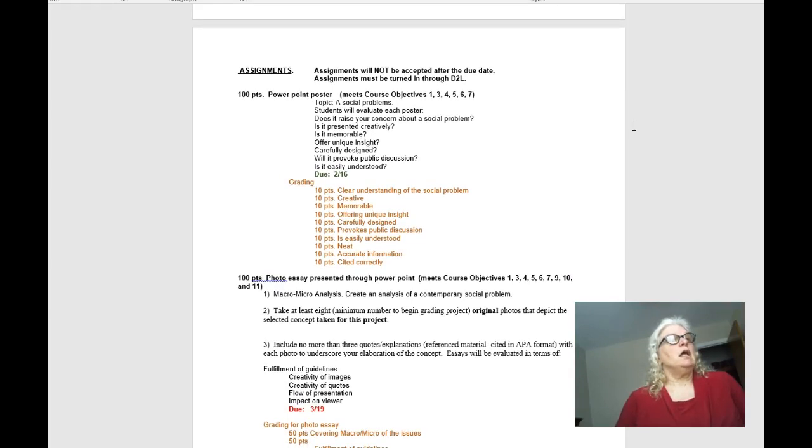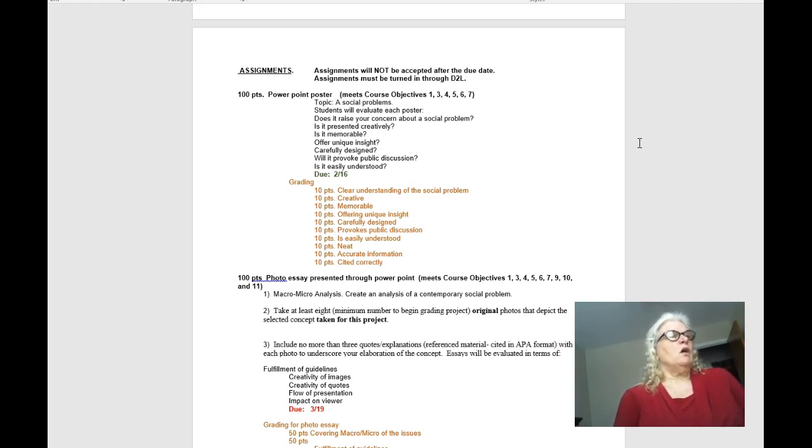The first one is a PowerPoint poster. There are more directions on the website and videos related to these projects as well. But you are looking at a social problem. This way, we're seeing whether you have a clear understanding of what a social problem is. I often get students who, at this point, still don't understand that a social problem is looking at the societal issues, the big pictures.